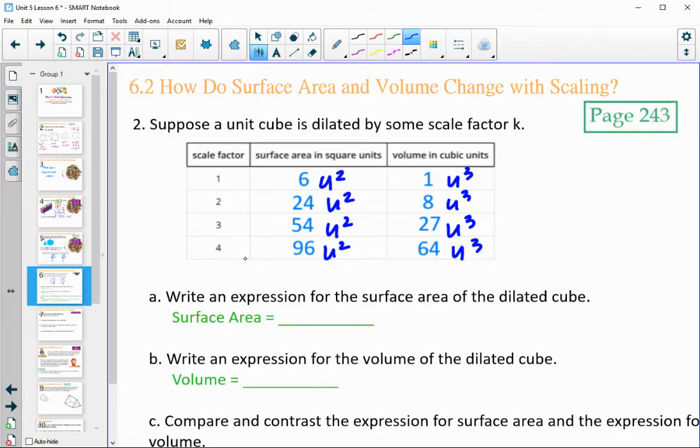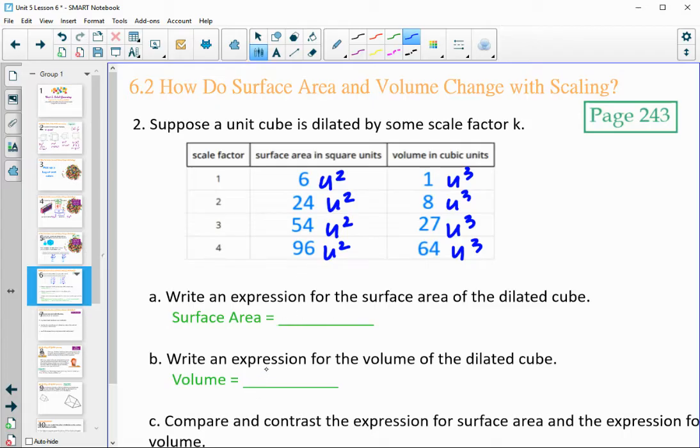So then for that fourth one, a scale factor of 4, you're getting 96 for the surface area and 64 for the volume. So now go ahead and take a look and see if you can come up with an expression for the surface area. Can you see a pattern that's happening here? And write in the expression.